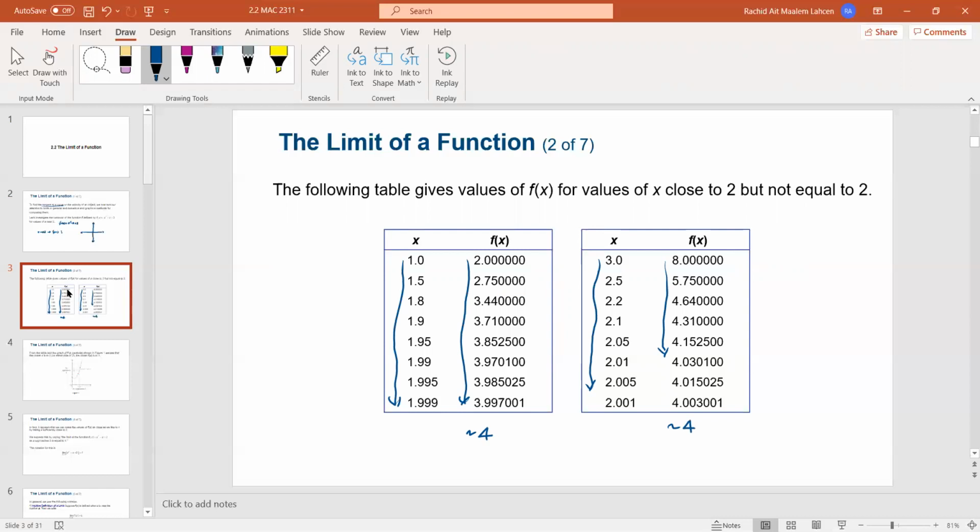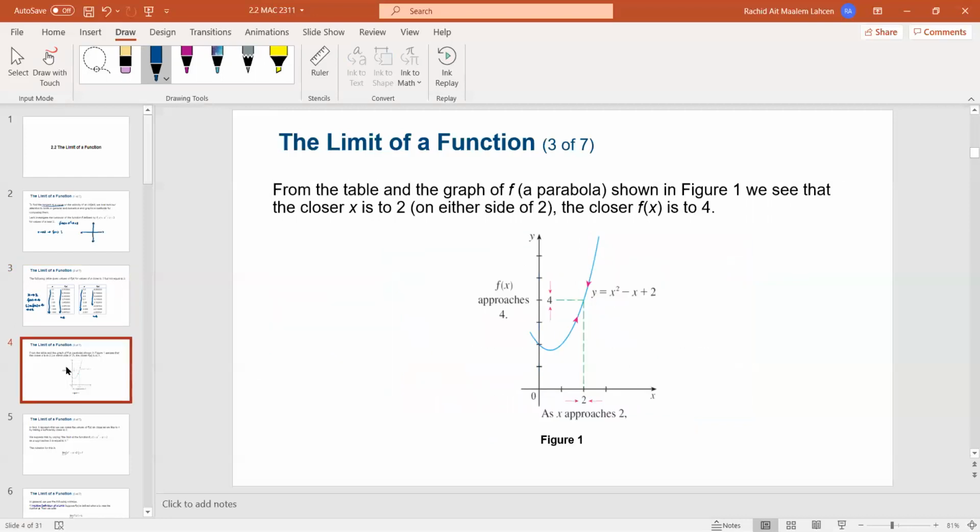So we can safely say that as x approaches 2, f of x approaches the value of 4, which we can write as the limit of f of x as x approaches 2 is equal to 4. That's the idea, and this is going to be important.